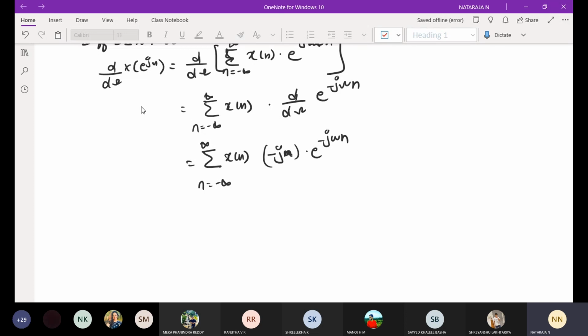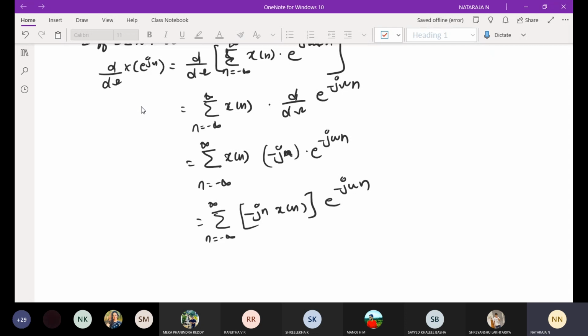Then we have summation n equals minus infinity to infinity minus j n into x of n into e power minus j omega n.